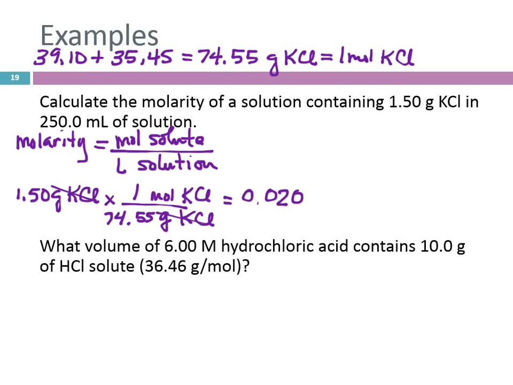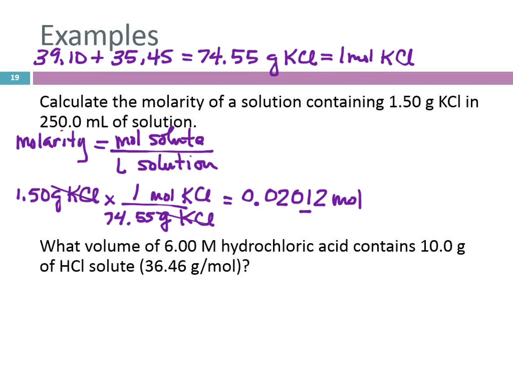0.02012. I did write the 2, I didn't just say it. That should have 3 significant figures, right? Because this one has 3. I'm just going to carry that extra one along because I don't want to have any rounding errors. That's a small number.